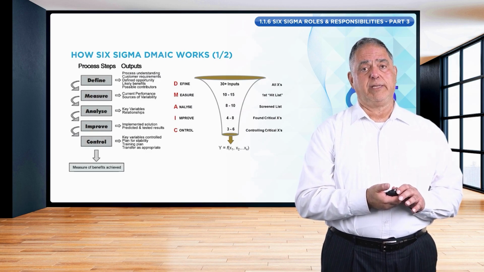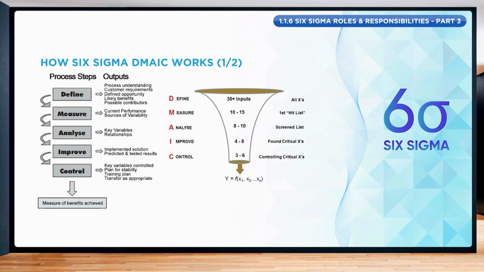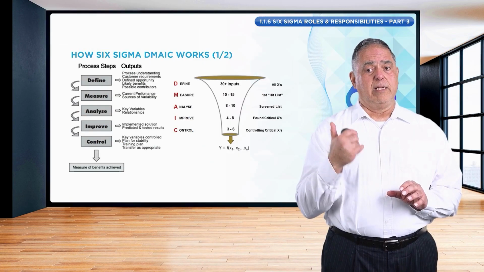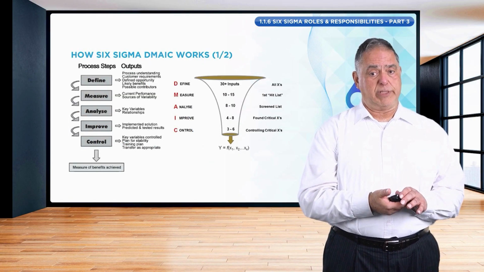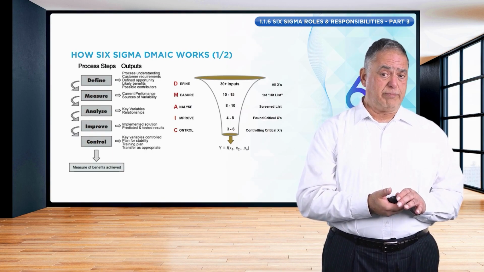We can see that as we move between the different phases of DMAIC, from define to measure, from measure to analyze, from analyze to improve, and from improve into control, we keep reducing the X's, the causes that contribute to the issue in the process output.